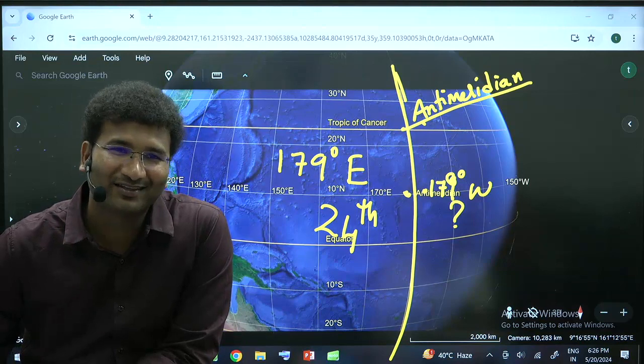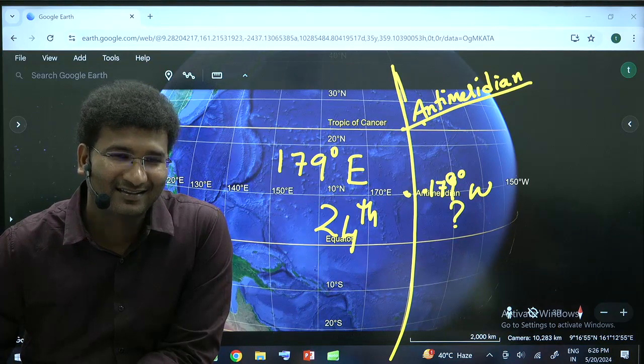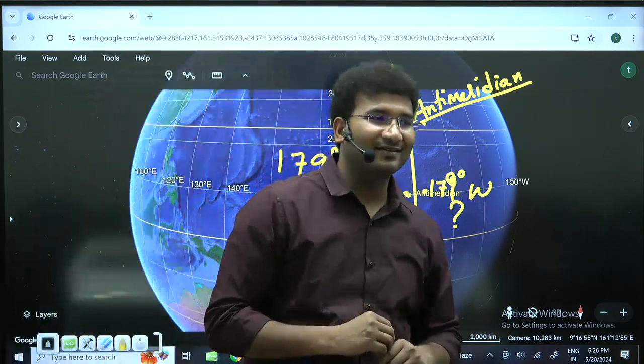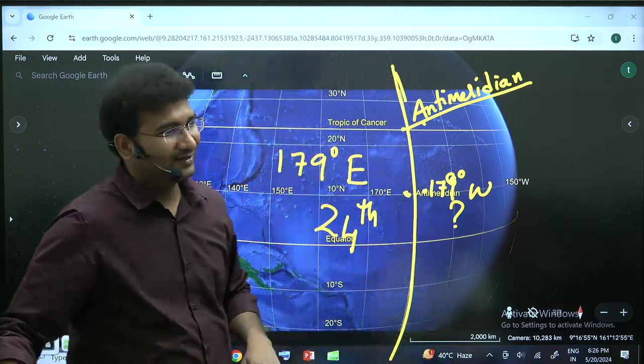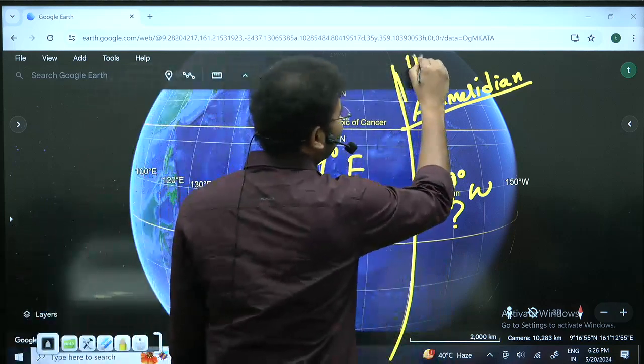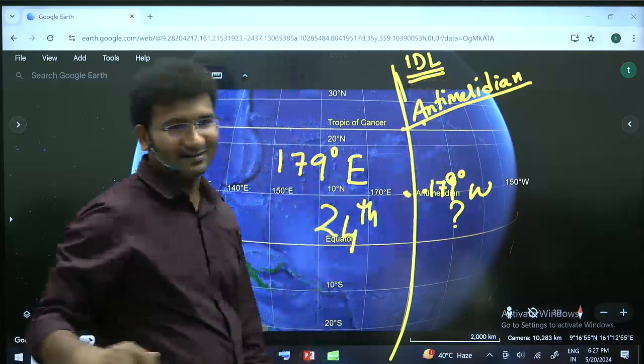Will it be 24th? See, 24th. If I am telling this is the ideal international date line, this is the line.